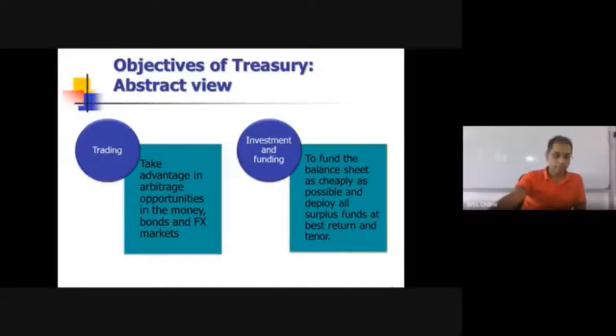For example, if they feel that the exchange rate is going up and they have excess dollars in their hands, can they monetize that by holding on to those dollars? And if the exchange rate goes up, they make a profit. Same way in terms of arbitrage opportunities. Can they borrow in the interbank market and invest those funds more actively in the market outside? Is there activity like that?